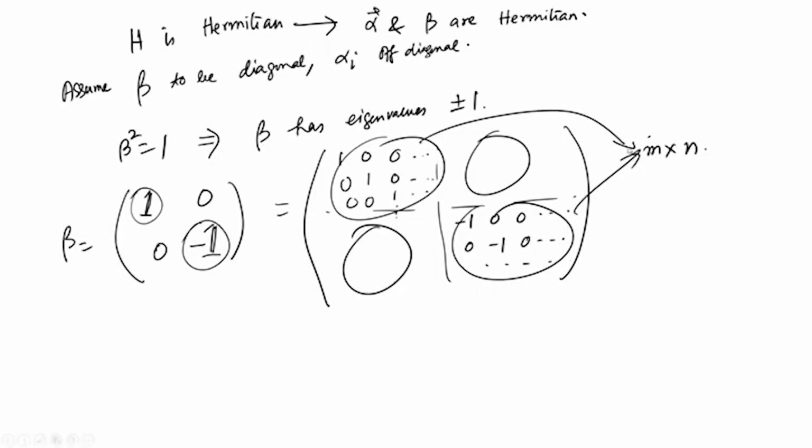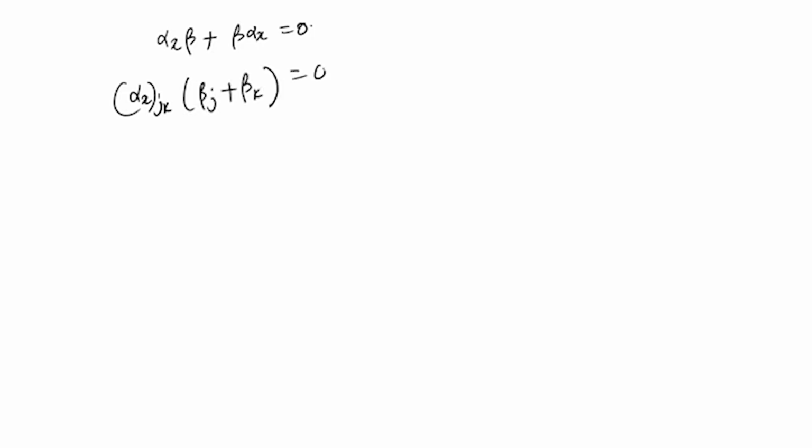Now, a very important input comes when we look at the anti-commutation relation between alpha x and beta, or any of these, not only alpha x, but alpha y as well, but we are just looking at alpha x. So, beta alpha x plus alpha x beta is equal to 0. Okay. So, if you take the jkth element, then the alpha x jk times beta j plus beta k is equal to 0.